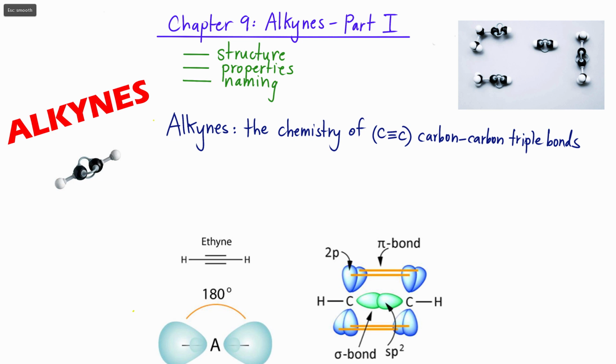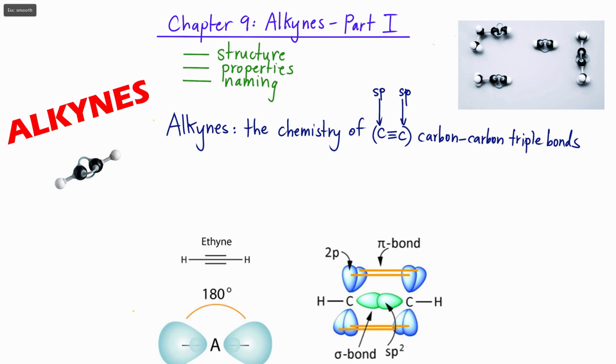So, we know that anytime we have a carbon that's triply bonded, that carbon is what? It is sp hybridized. Okay, so we recall that from chapter 1, the differences in sp, sp3, and sp2.